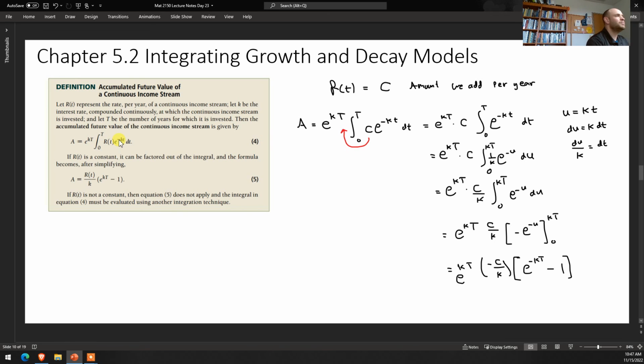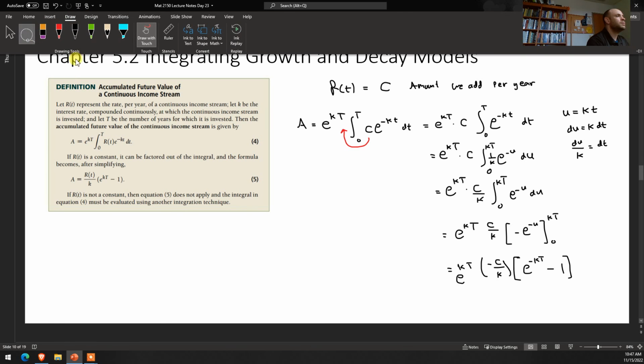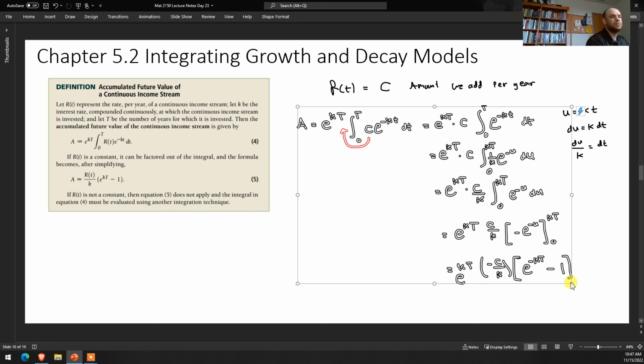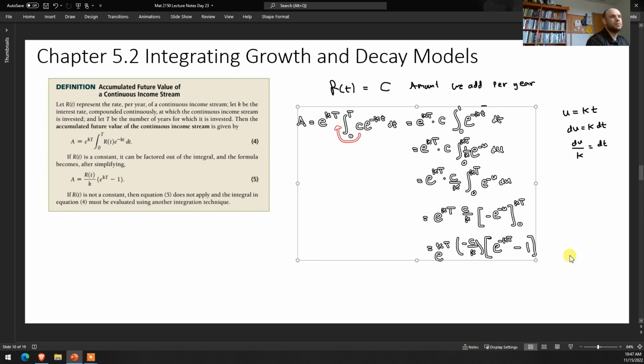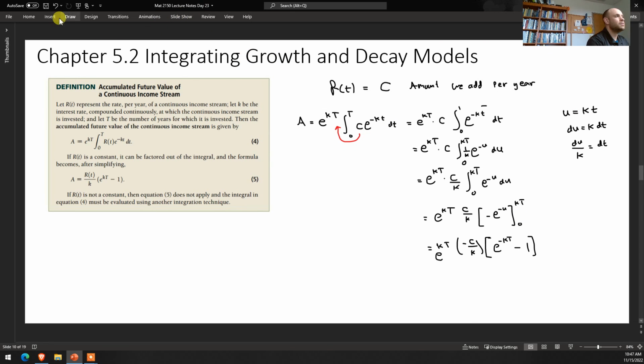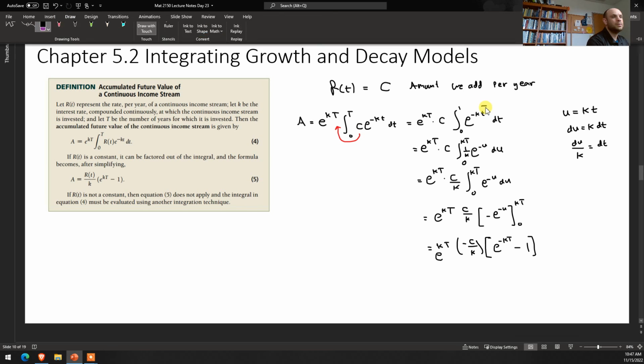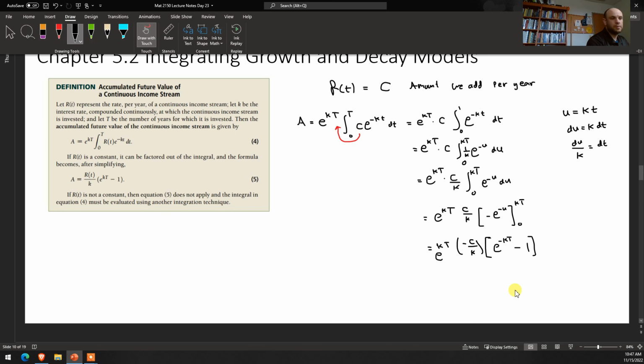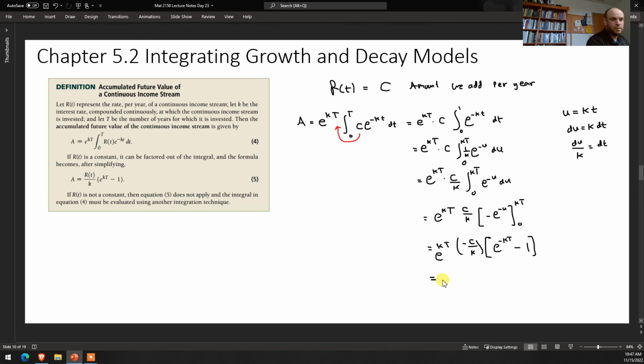Now let's clean this up. Here we have this minus. Push that inside here, and let's multiply by e to the kt. Let's see.